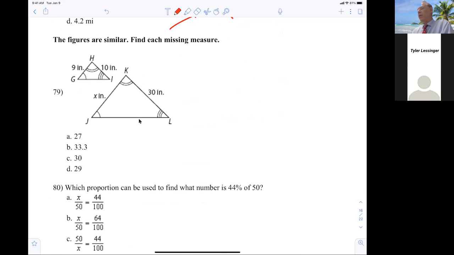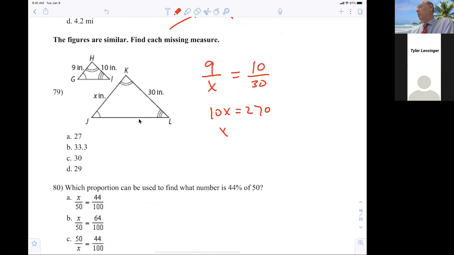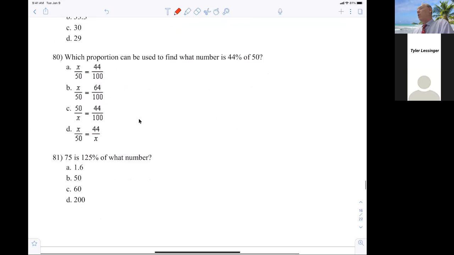Now we can say 9 over x equals 10 over 30. 10x equals 270, so x is equal to 27. Any issues with that? Okay, 44%.